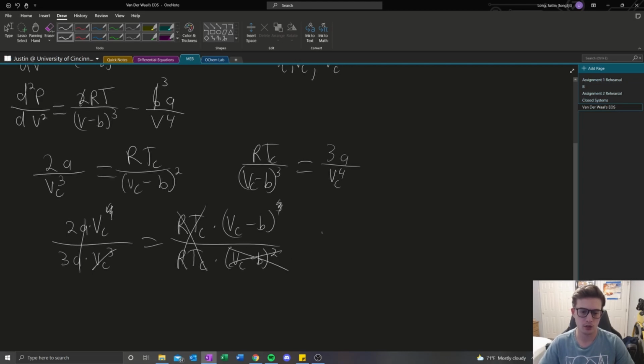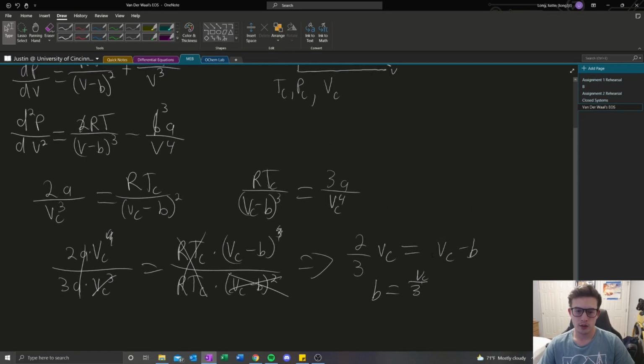So then I'm going to go ahead and rewrite it, and we end up with 2/3 VC is equal to VC minus B. And so to go ahead and solve for B, we end up with B equal to 1/3 VC, or VC over 3.